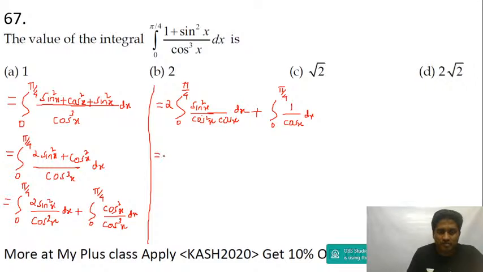So 2 times integration 0 to pi by 4, sin upon cos is tan, so you get this as tan square x.